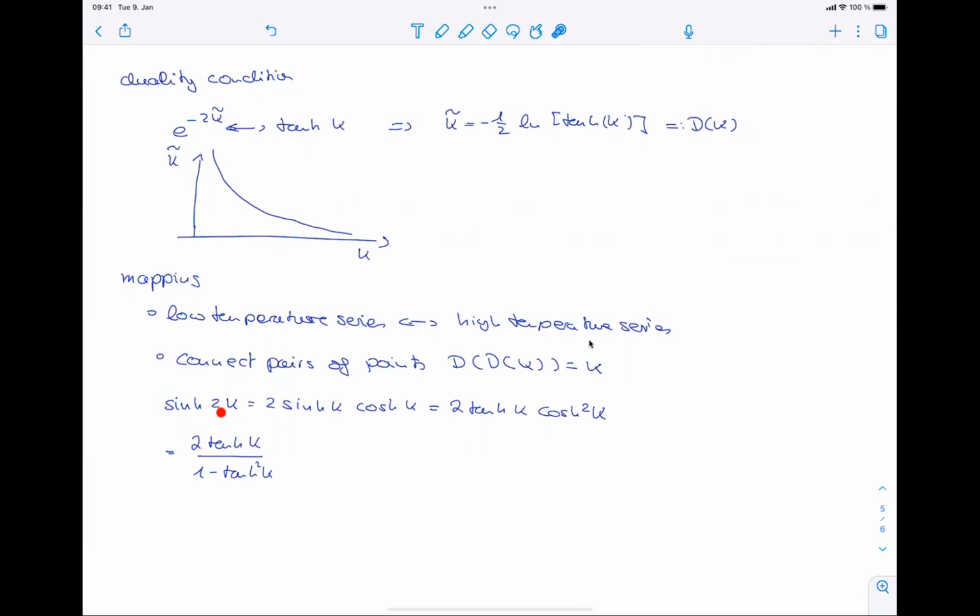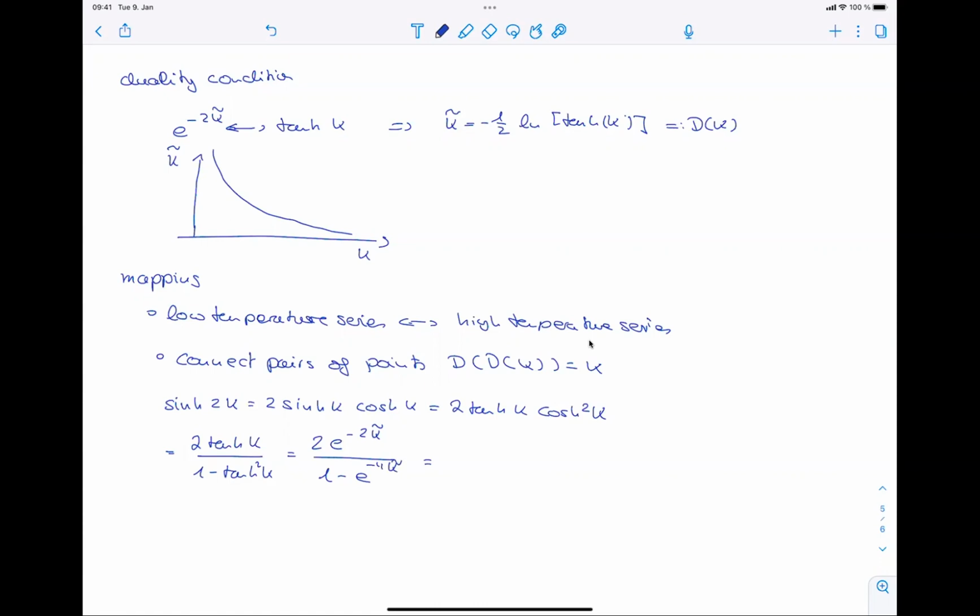I rewrote the sinh 2k, unmotivatedly, in terms of tanh k. The reason is that now that I have this hyperbolic tangent, I can perform the mapping to rewrite this expression as 2e^(-2k̃) over 1 minus e^(-4k̃).